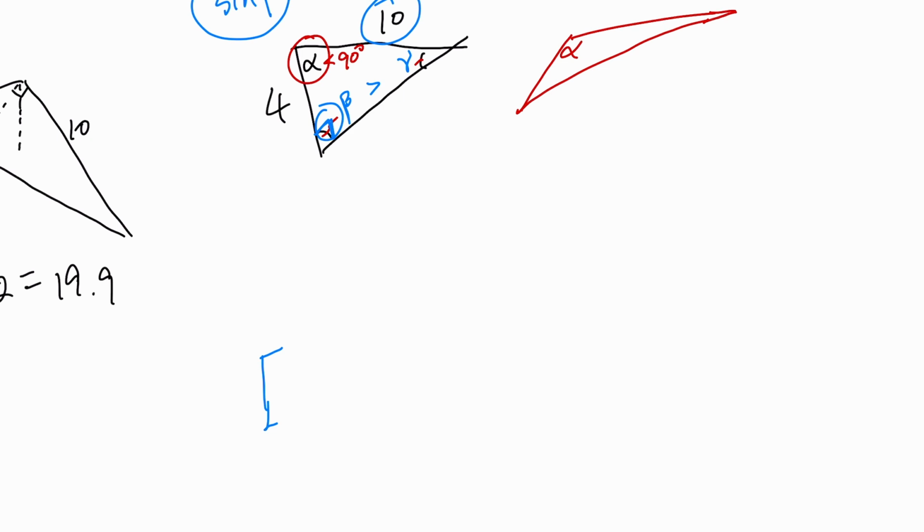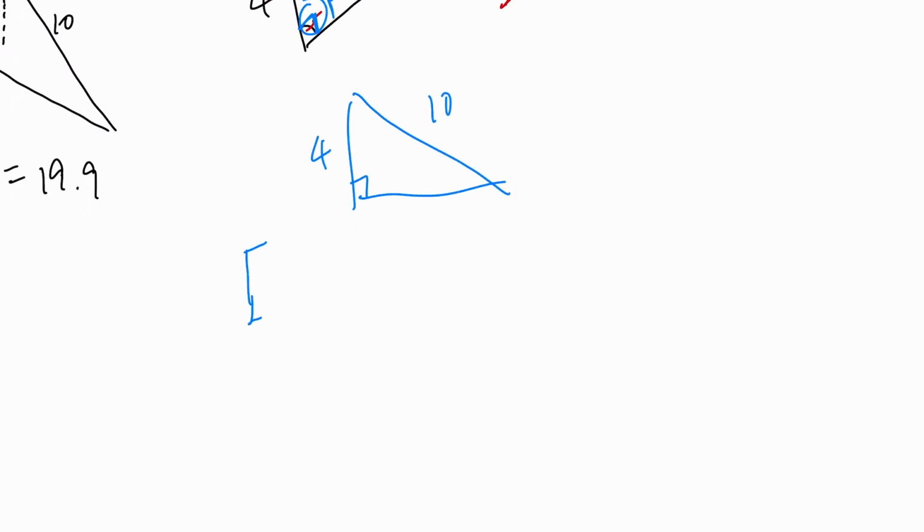Which means that for a right angle and 10, we use the Pythagorean theorem: the square root of 100 minus 16, which is the square root of 84. I know I can simplify this, but there's really no need to.